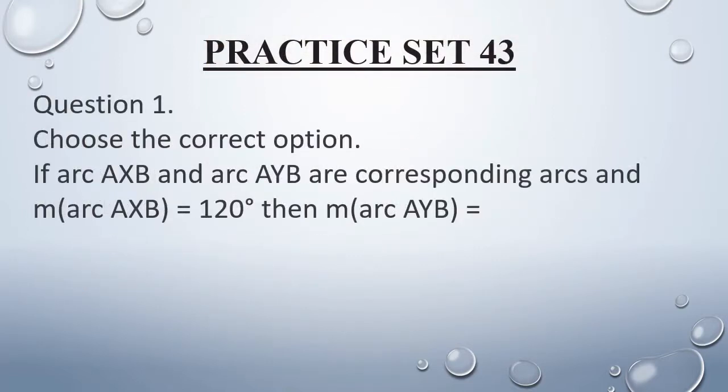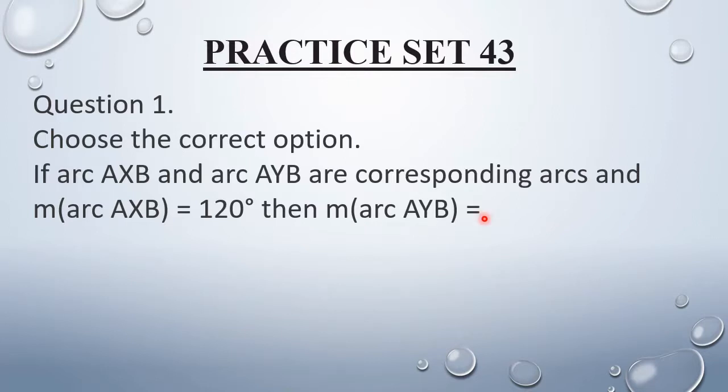Students, now we will discuss practice set 43. Question number 1. Choose the correct option. If arc AXB and arc AYB are corresponding arcs and measure of arc AXB is equal to 120 degrees, then what is the measure of arc AYB?